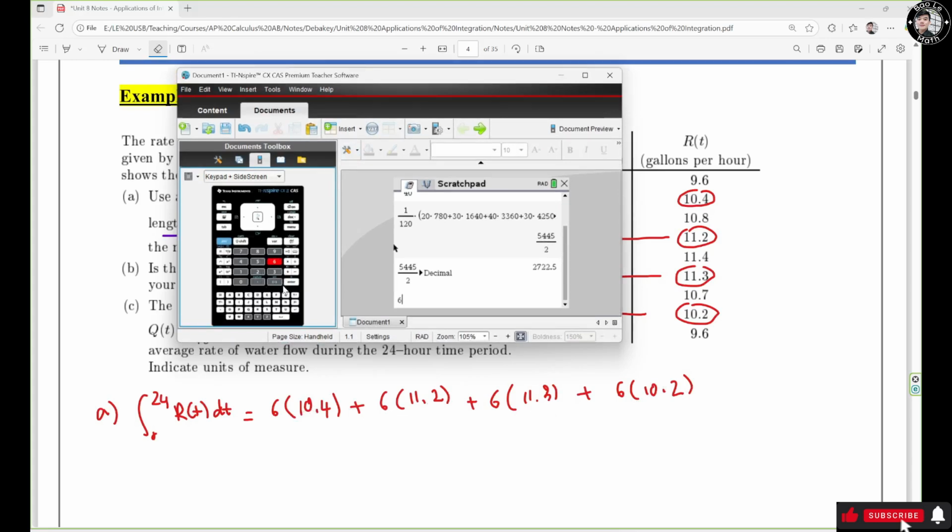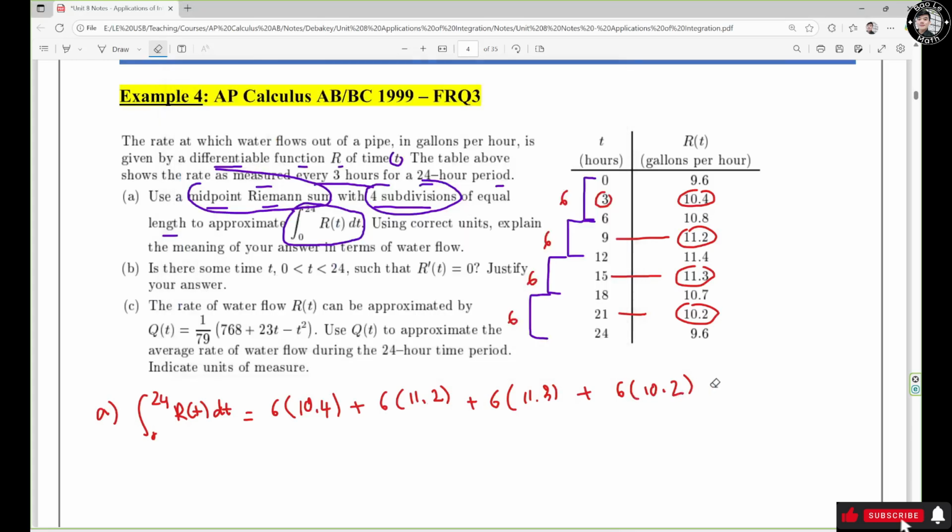So I have 6 times parenthesis 10.4 plus 11.2 plus 11.3 plus 10.2. Hit enter. The answer is 258.6 gallons. I need to explain the meaning of your answer in terms of the water flow. You need to say that this is an approximation to the total flow in gallons of water from the pipe in the 24-hour period.